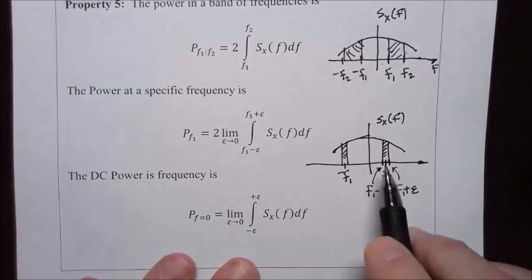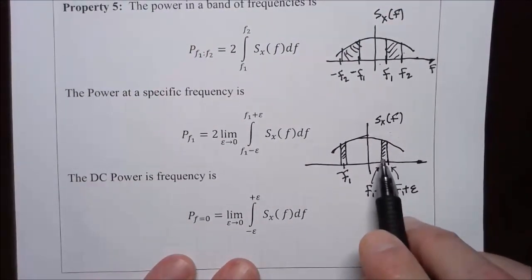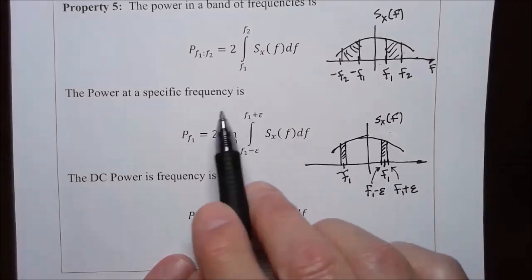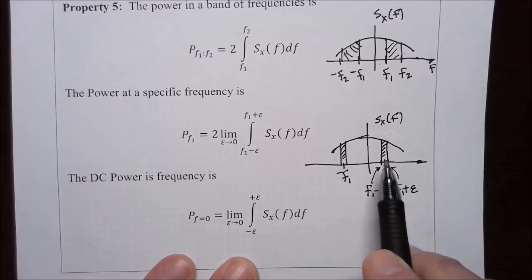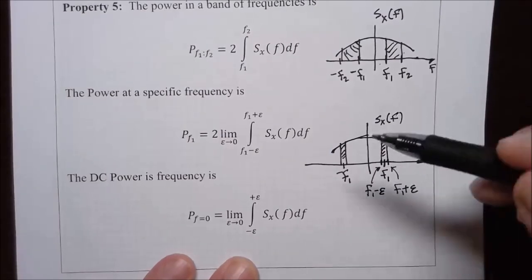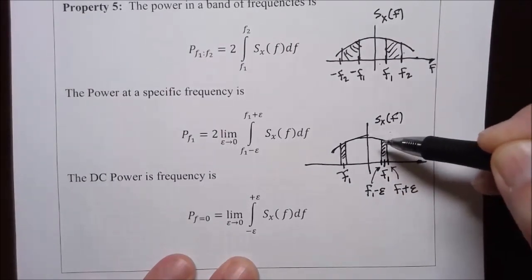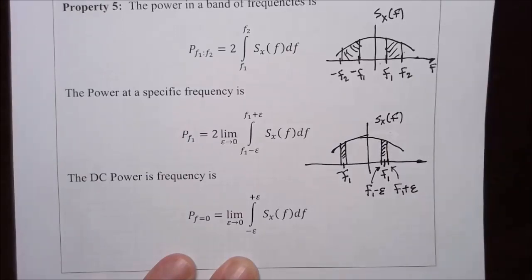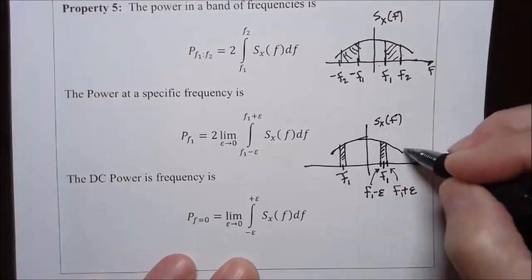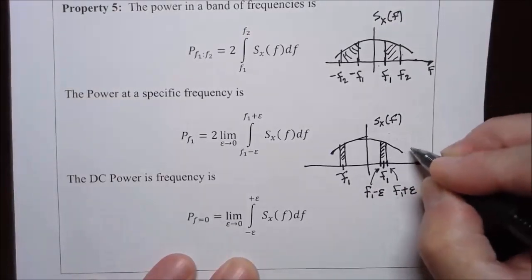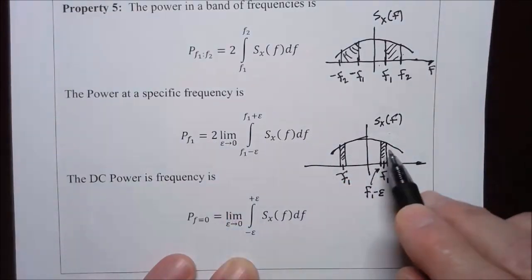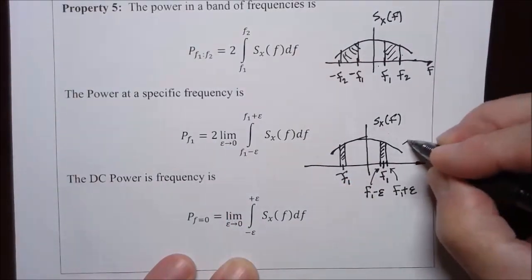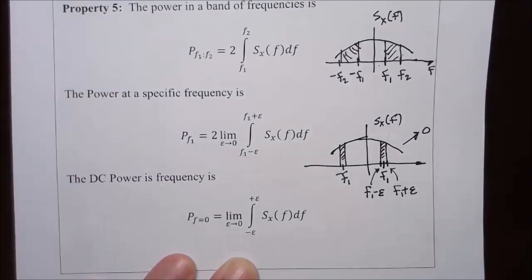Now, when you let epsilon go to 0, the power in this range of frequencies will go to 0 unless there is a delta function exactly at F1. So as epsilon goes to 0, this integral is going to go to 0.